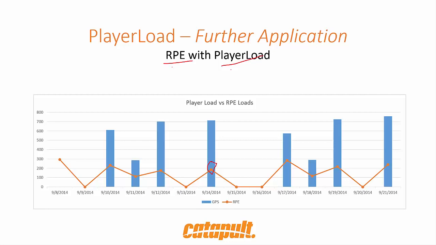The reason I like this is because if there's a disagreement, well, I want to know why. I want to know why, if this 700 load is here in terms of the GPS unit and he perceived it very low down here, right? Is it because the intensity wasn't there, that he's recovered and adapted very well?